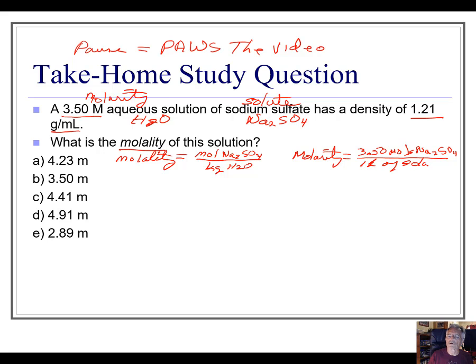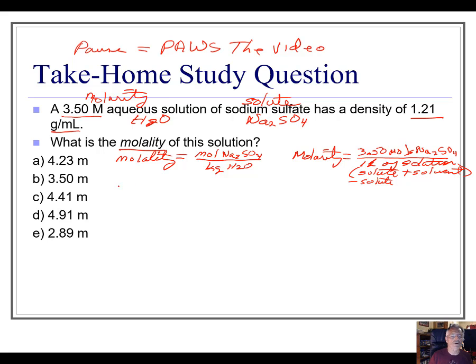And it's important to remember that the solution consists of the solute, which is the sodium sulfate, plus the solvent, which is the water. If we're going to convert this unit of concentration to this unit of concentration, you can see that we're going to need to remove the solute. Then once we've got a mass for our solvent water, we can just convert it from grams to kilograms. So we have to subtract the solute out of here.